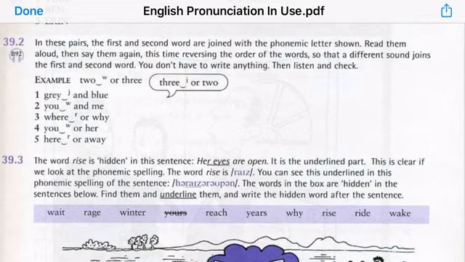The same thing for where, why, where. The first one we have we, the second one we have ye. So we have your hair, we.